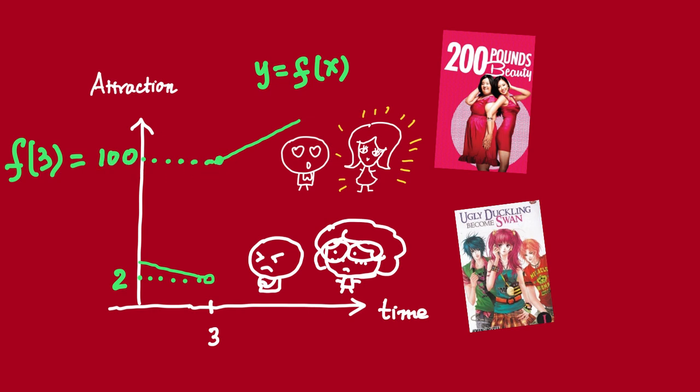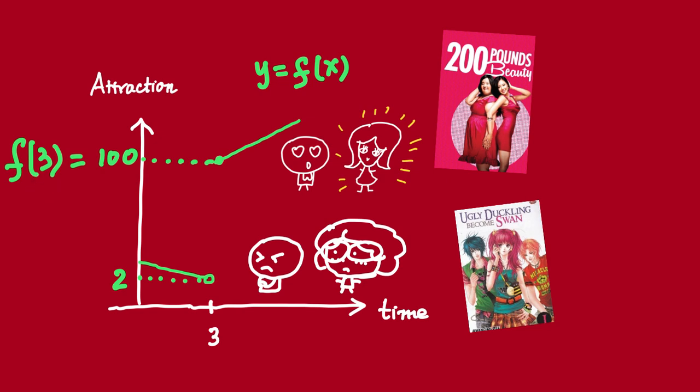So here's the way you want to think about this too. You should think of it as how much he would have been attracted to her had she not had the makeover. Had she not had the makeover that day, then right at this moment, his attraction toward her would be exactly 2.